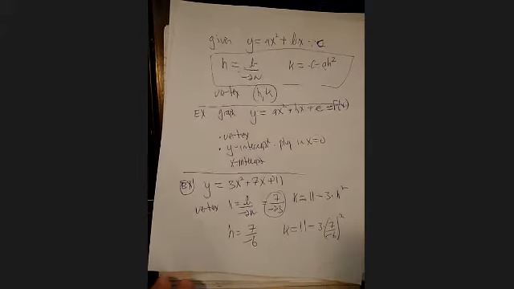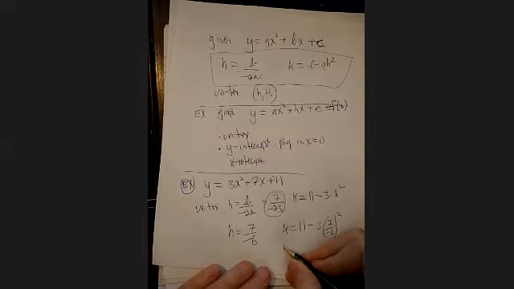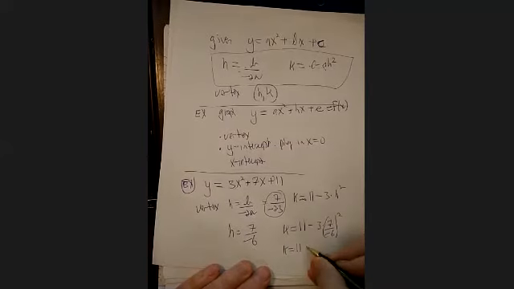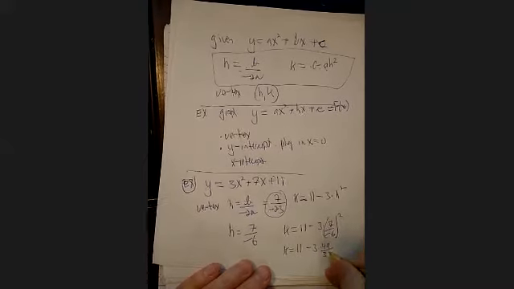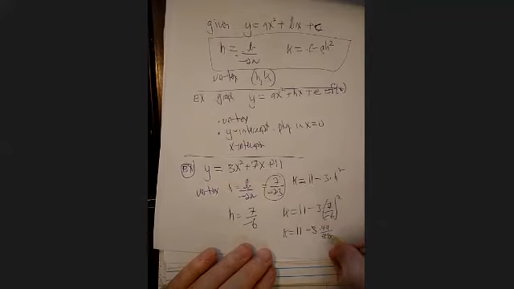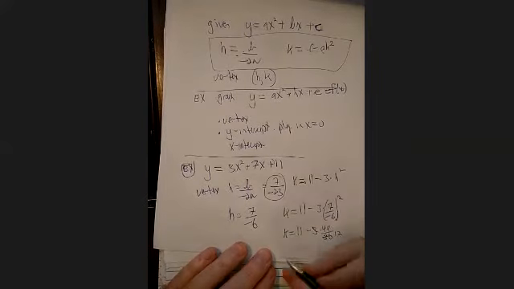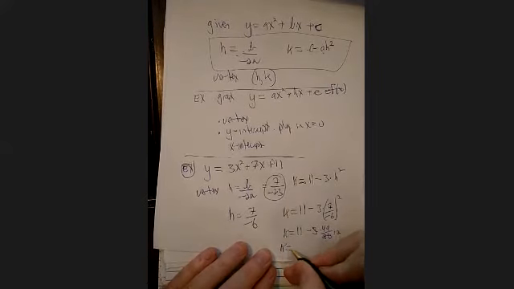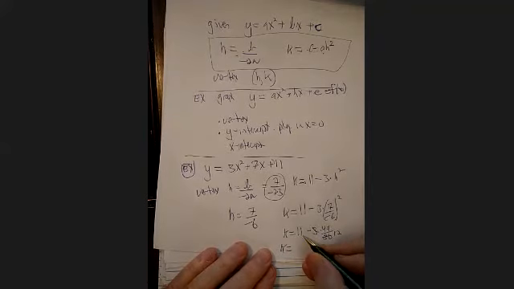Okay. Well, that's going to be 11 minus 3 times 49 over 36. I simplify that to 12. K is going to be equal to 11 minus 49 over 12.